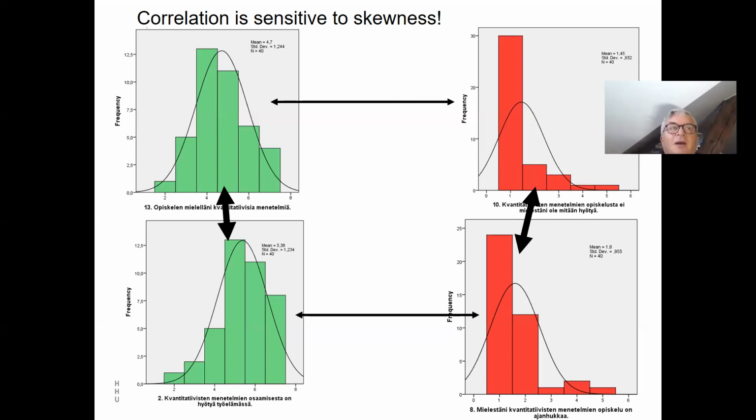So if you have a very strongly skewed variable measuring I love school and I hate school, let's say that both would be strongly skewed. They correlate really nicely with each other. So the students who say that I hate school and I don't love school are the same kids.